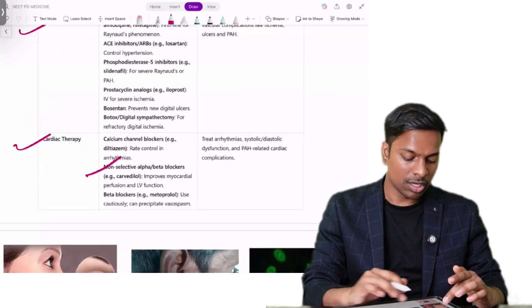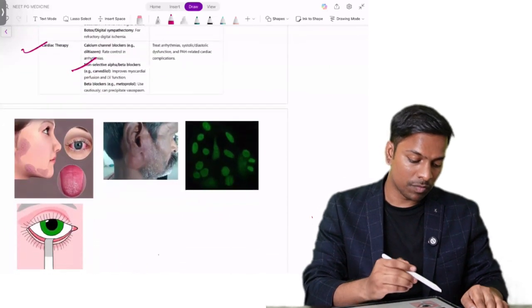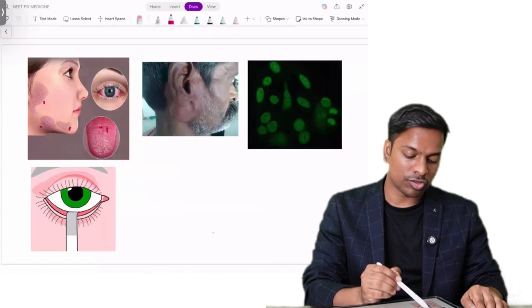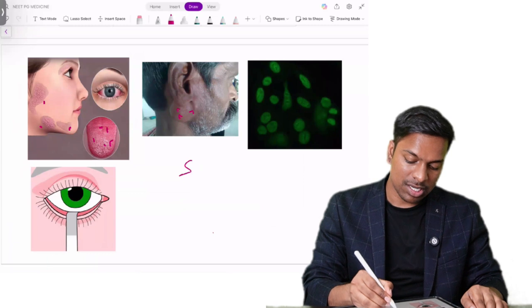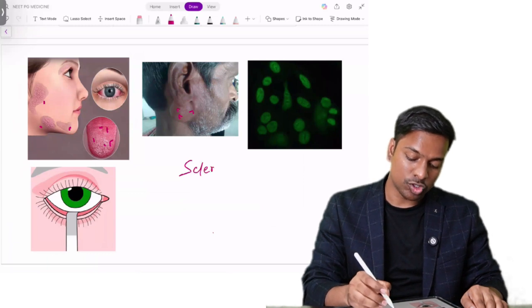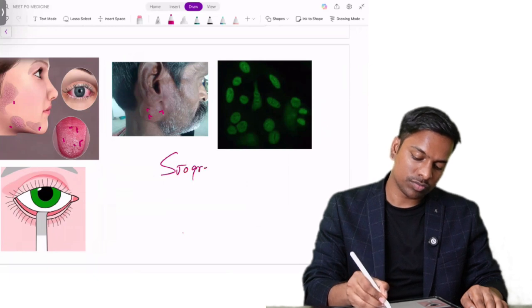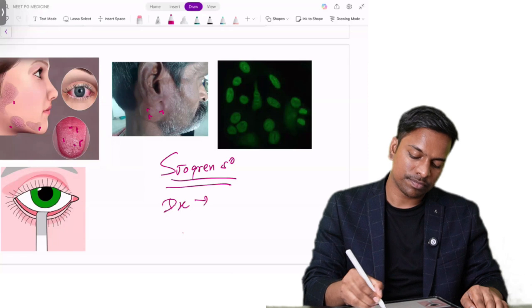Coming to the second last topic, you can see the glands are involved in this patient, right? Multiple glands are involved. So this is nothing but Sjogren syndrome. Diagnosis is by salivary gland biopsy.